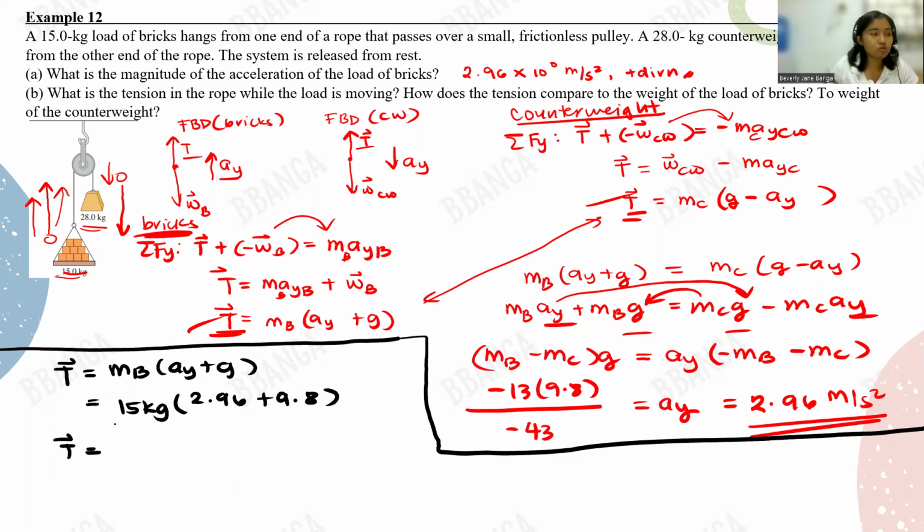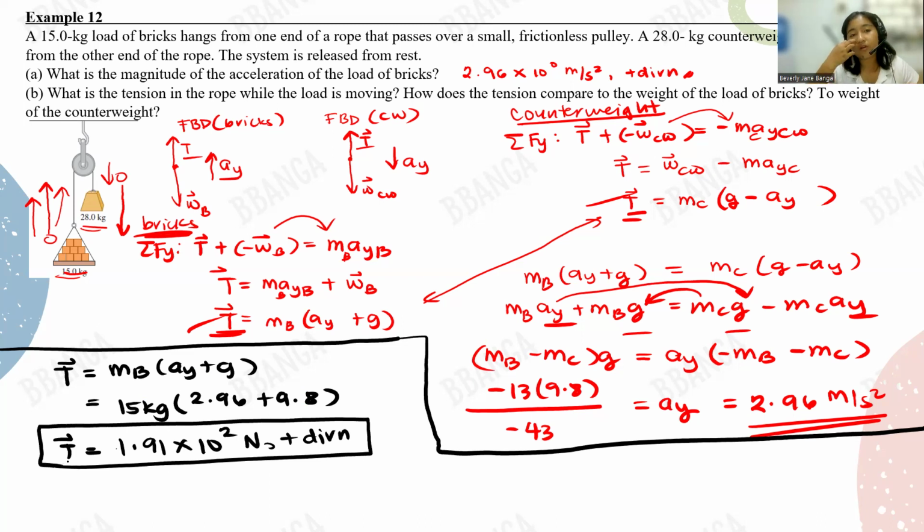This gives me tension 191.44. So this is simply 1.91 times 10 raised to 2 newtons to the positive direction.